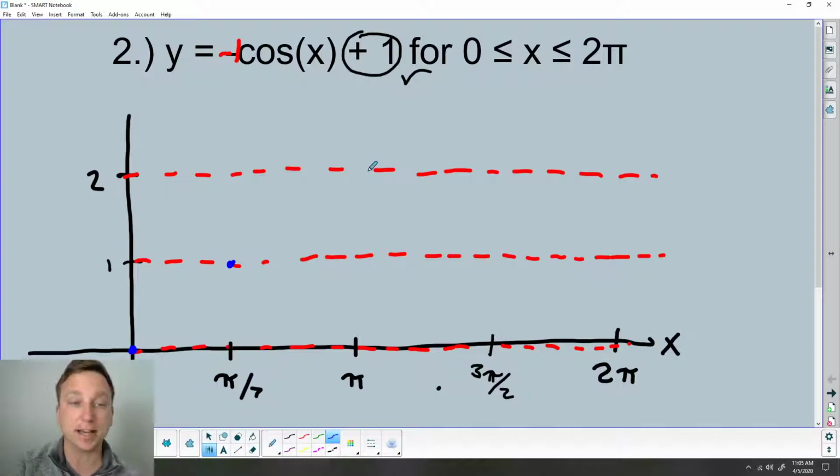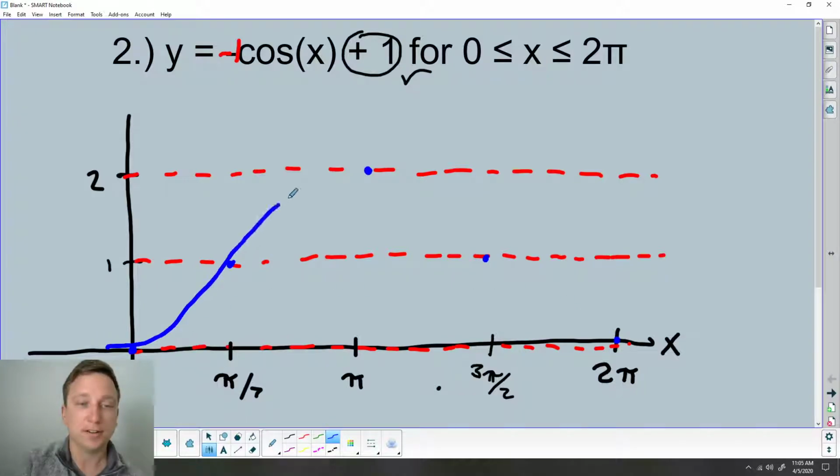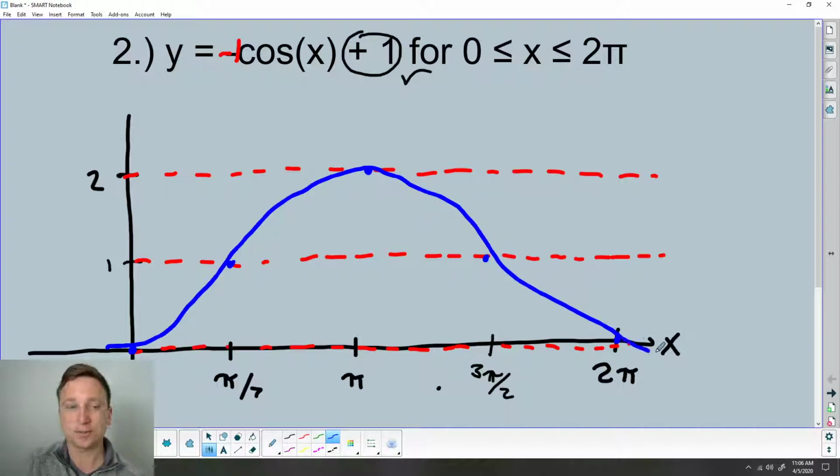Halfway through, it's at a maximum now. 3/4 of the way through, it's back at the principal axis. And finally, at 1 full revolution, it is at a minimum again. Cosine and sine both start and end at the same position. So we have this curve. It looks something like this. It's a rough sketch, and there we have it.